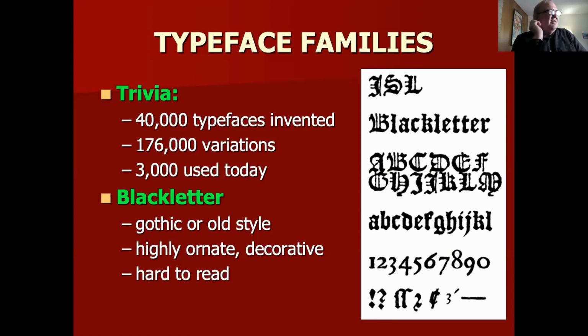When you talk about the variations, you talk about, say, Helvetica, Helvetica Narrow, Helvetica Ultra Narrow, maybe wide, ultra wide, bold. Those are the variations on those things. There really are only about 3,000 typefaces that are actually used regularly today, and even that's kind of a lot.